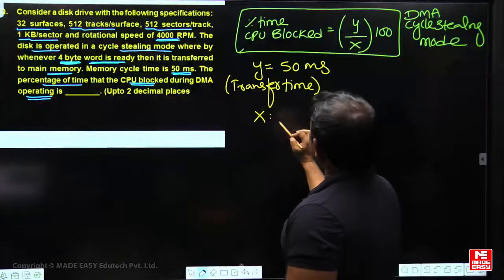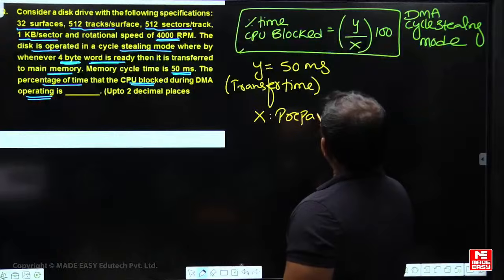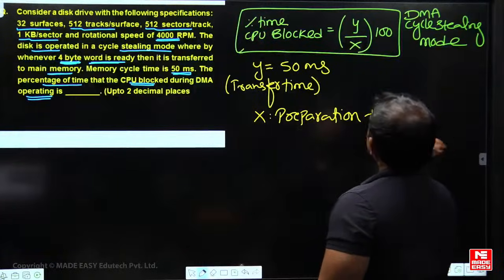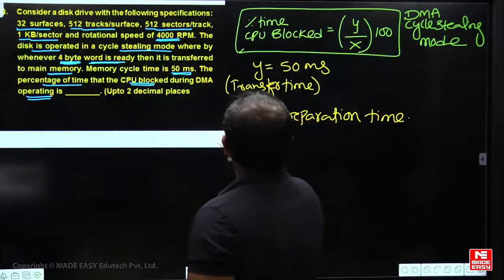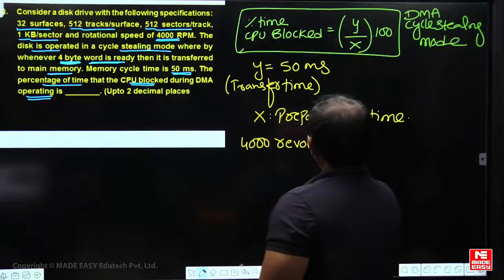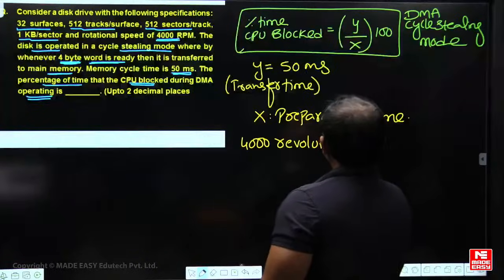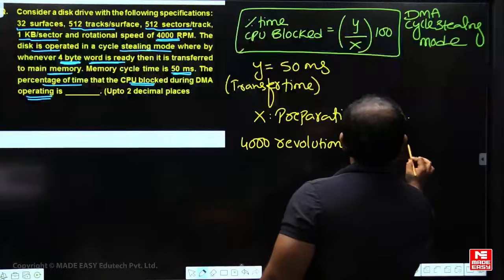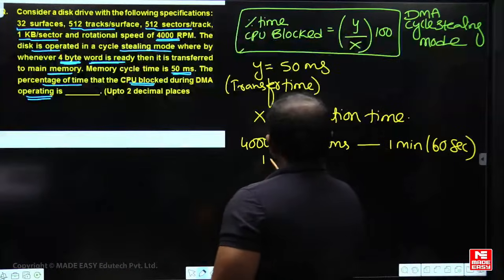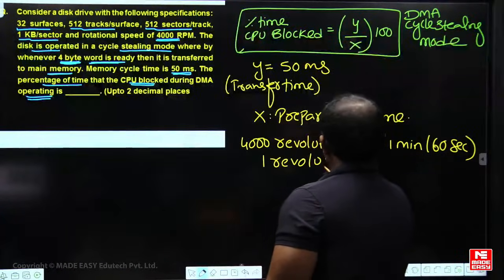Now x is the preparation time. Preparation time depends on the disk. What is given? 4000 revolutions per minute. For 1 minute, then one revolution takes how much time?